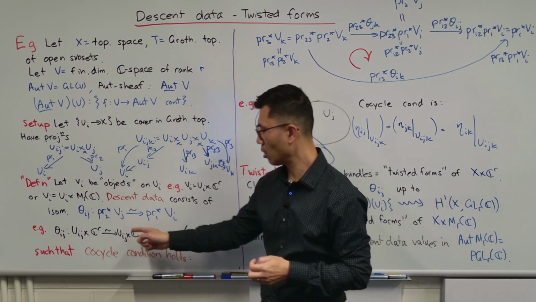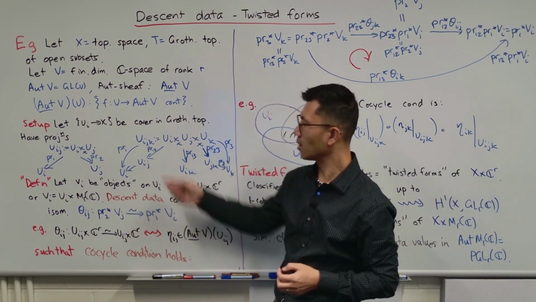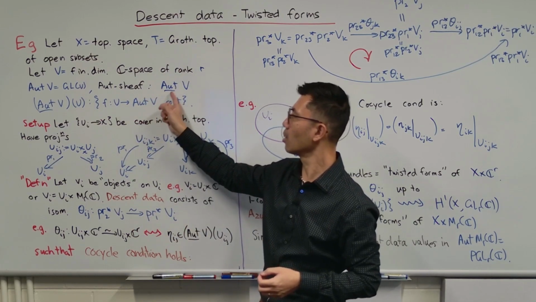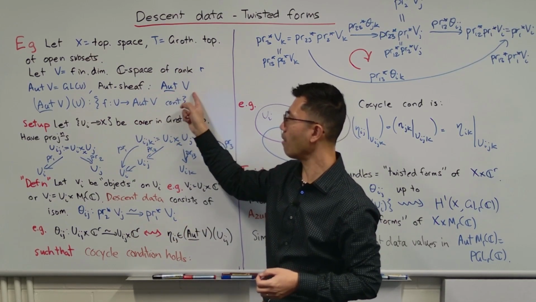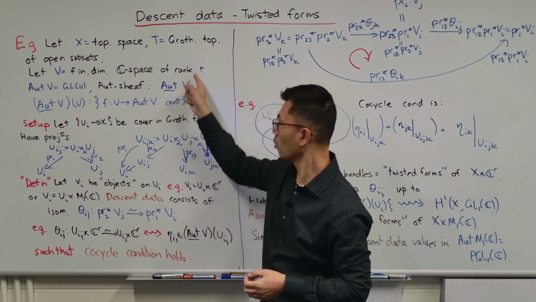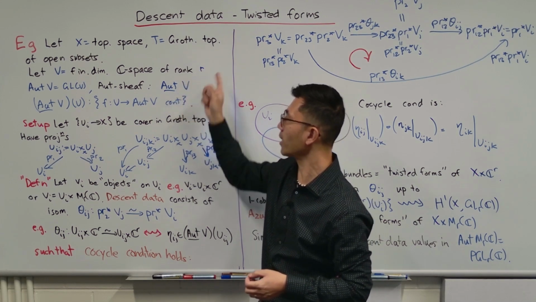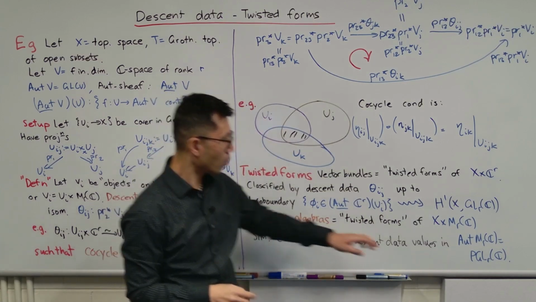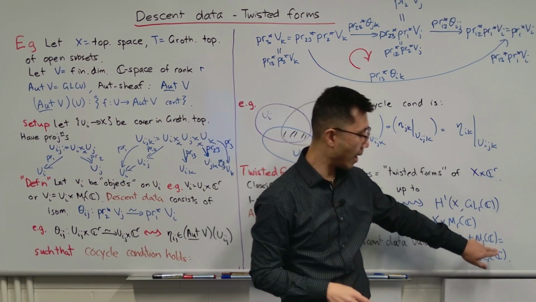So in this whole theory, instead of the sheaf of automorphisms of what was before a vector space of dimension R, you replace that with automorphisms of this matrix algebra.